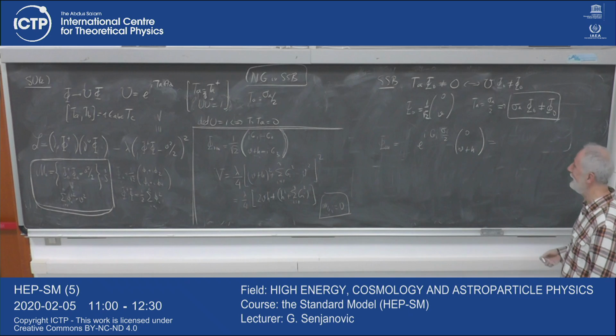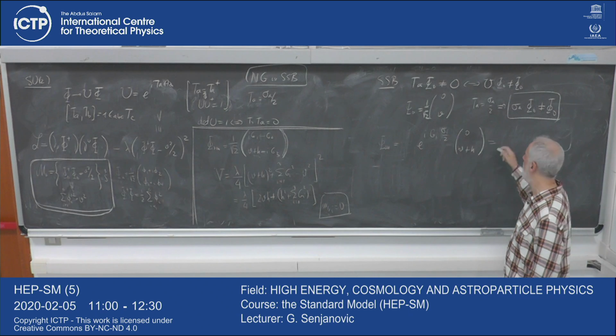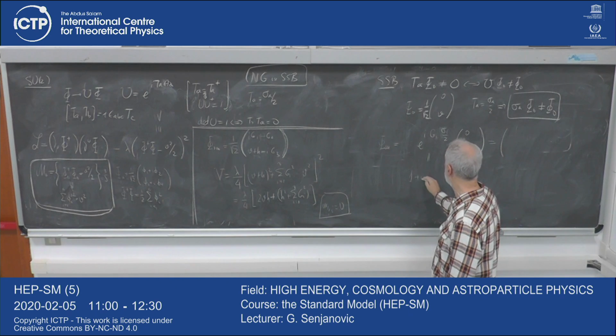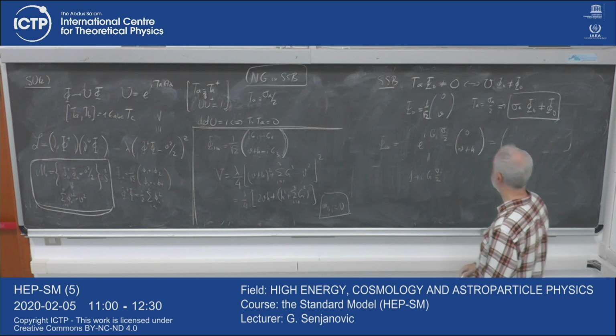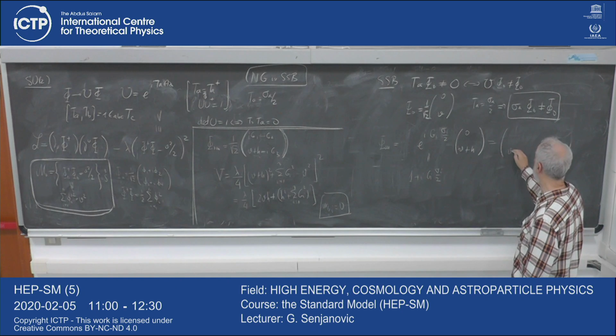I need your help. If I act with this on this, what am I going to get? The leading term, right? So I expand this. So this is simply 1 plus i G_i sigma_i over 2. What will I get? I will get V plus H, you agree?